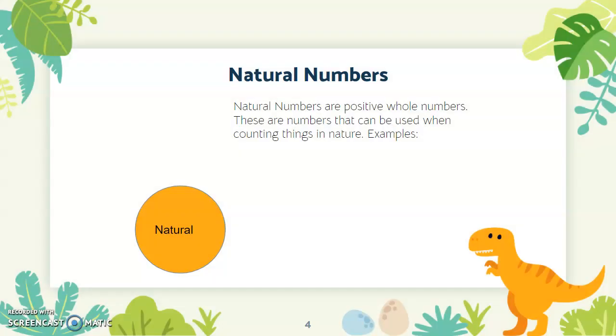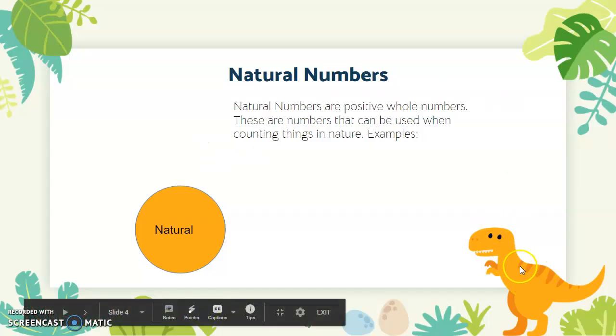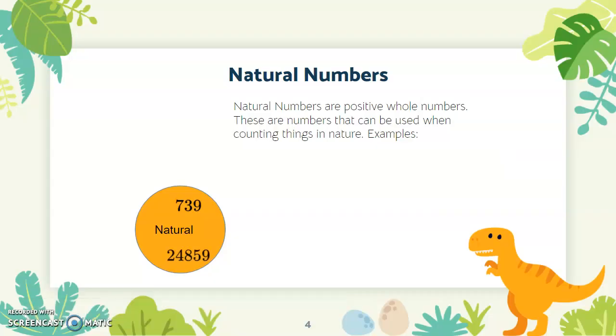Natural numbers are as specific or as small as we can categorize our numbers. Natural numbers are positive whole numbers. These are numbers that can be used when counting things in nature. Some of our examples would be 1 T-Rex, or 2 dinosaur eggs, or also 739, 24,859.